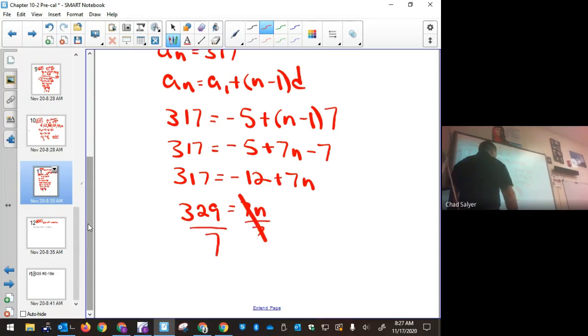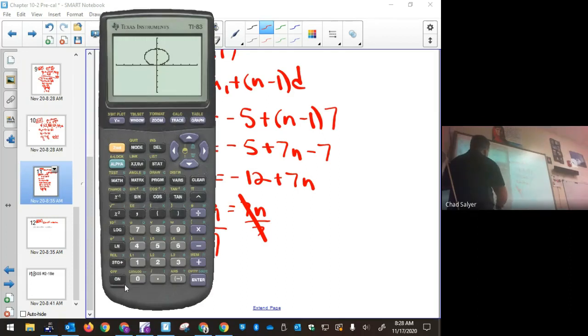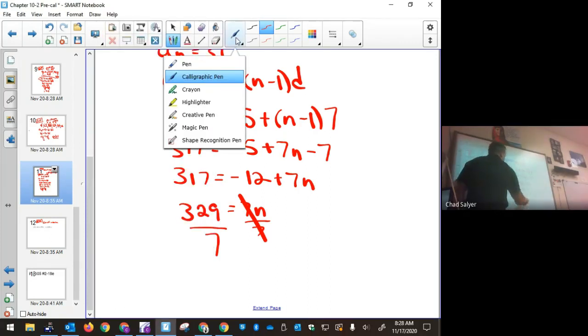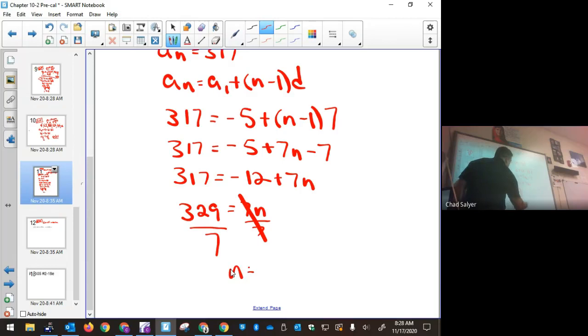Divide away 7. And if you get a non-integer here, you've screwed up because, of course, we're only going to have integer values. So if you run into something that doesn't divide evenly, you should investigate. 47. So n equals 47, meaning that last term is our 47th term.